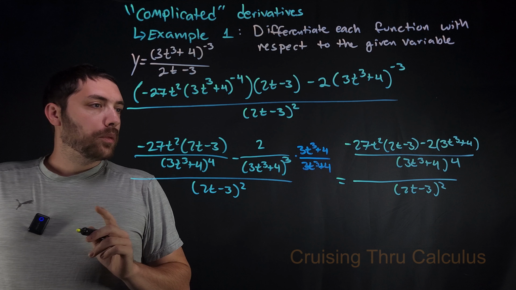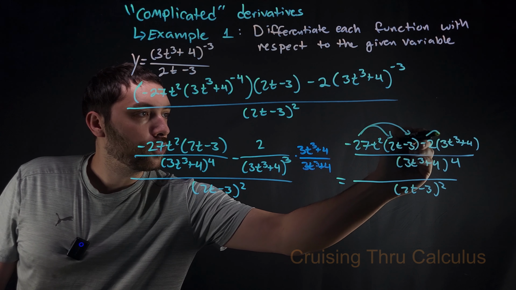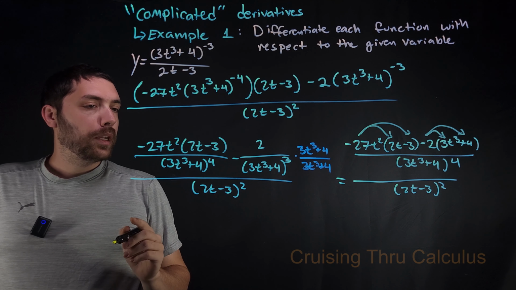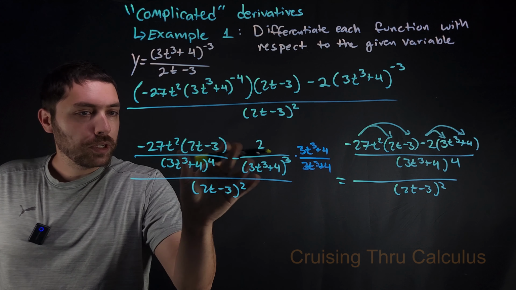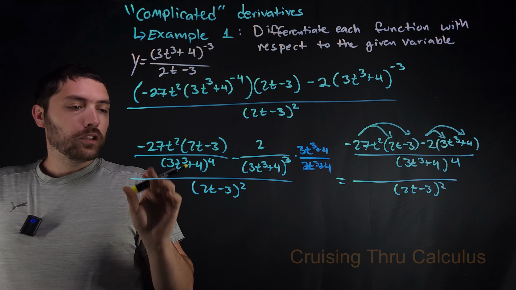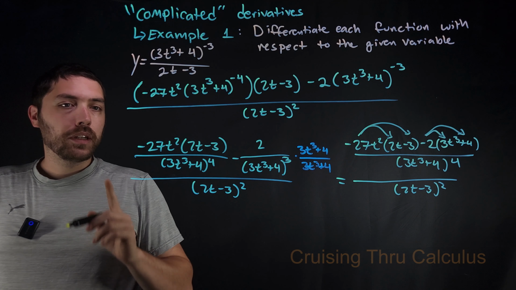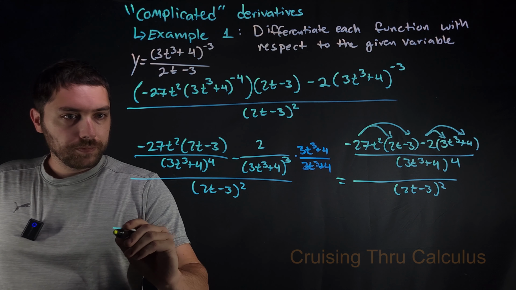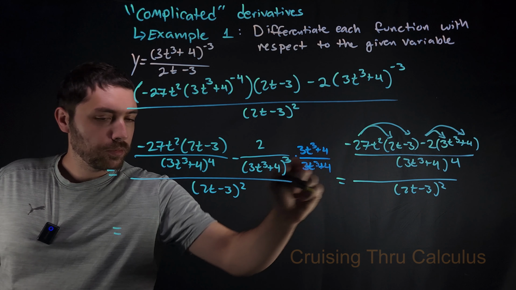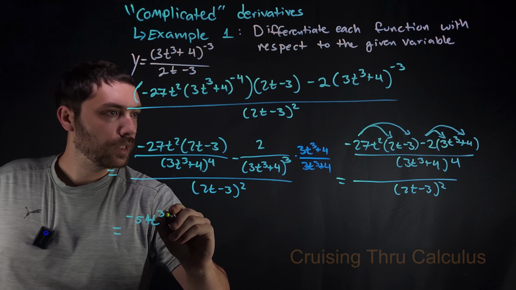Okay, next we're going to distribute this here, and distribute this here. And there's one other thing I'd like to do as well. I don't know about you, but it's kind of annoying taking this part and doing all over 2t minus 3 squared. So we're going to take this part and multiply by the reciprocal at the end. So let's see what that looks like. Negative 27t squared times 2t is negative 54t cubed.